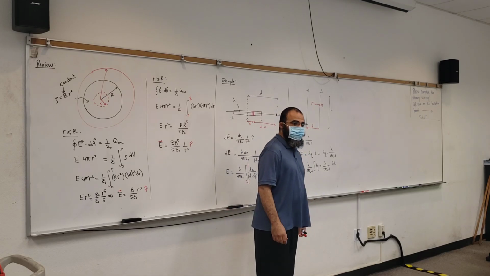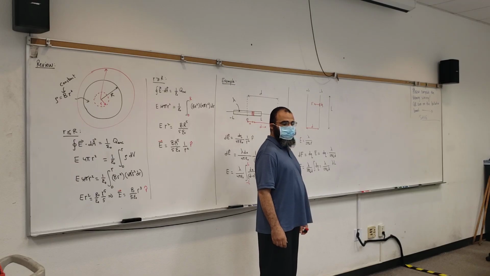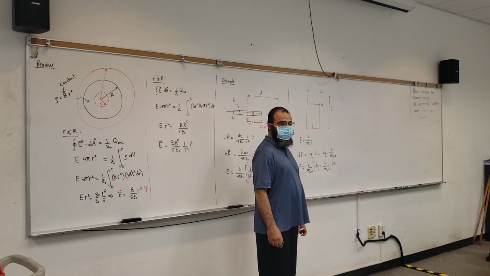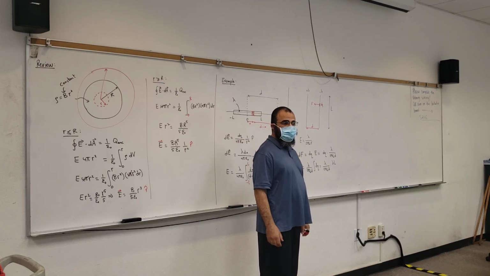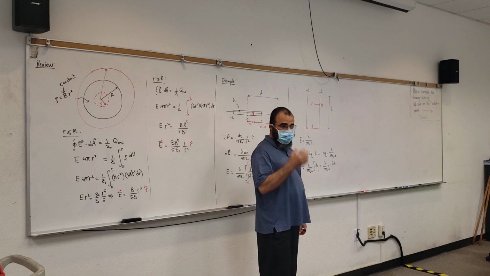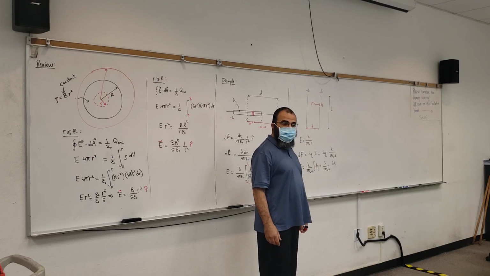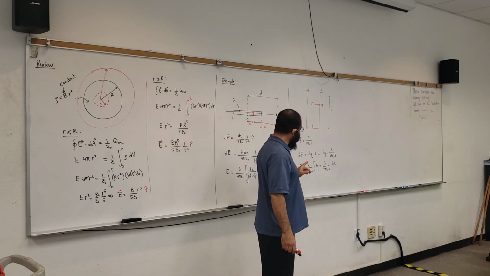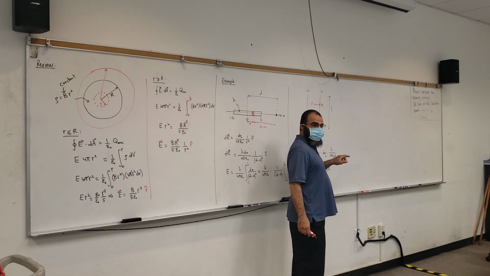Repeat that. If we were to just have plugged in F equals QE, and we were to just assume that Q equals lambda times L, why can't we do that directly? We could have done that, but we have to realize that this part is a constant.